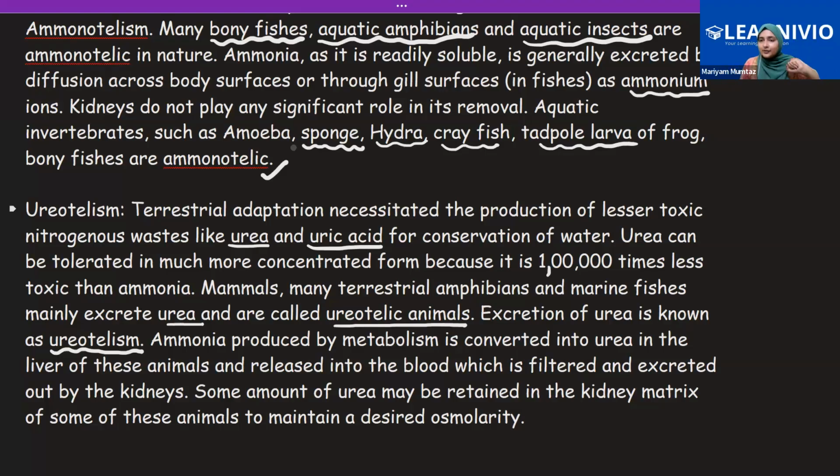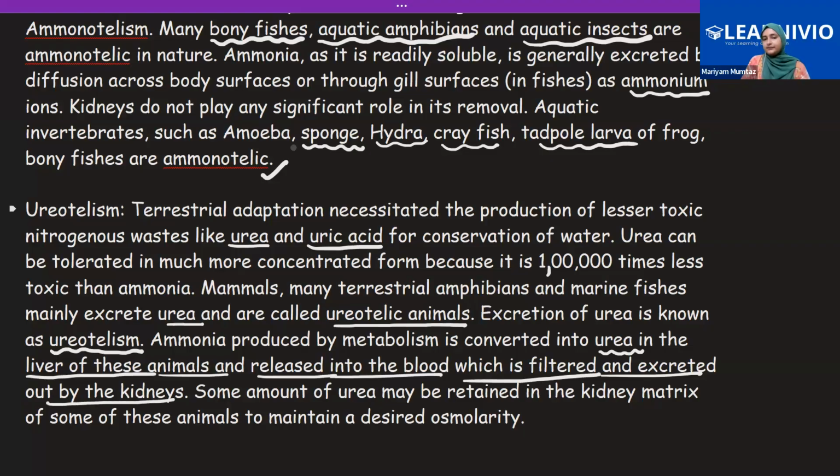So ammonia doesn't accumulate in our body. Whenever ammonia is formed, it gets converted into urea. And where does it happen? It happens in the liver of these animals and is released into the blood, which then gets filtered and excreted out by the kidneys.